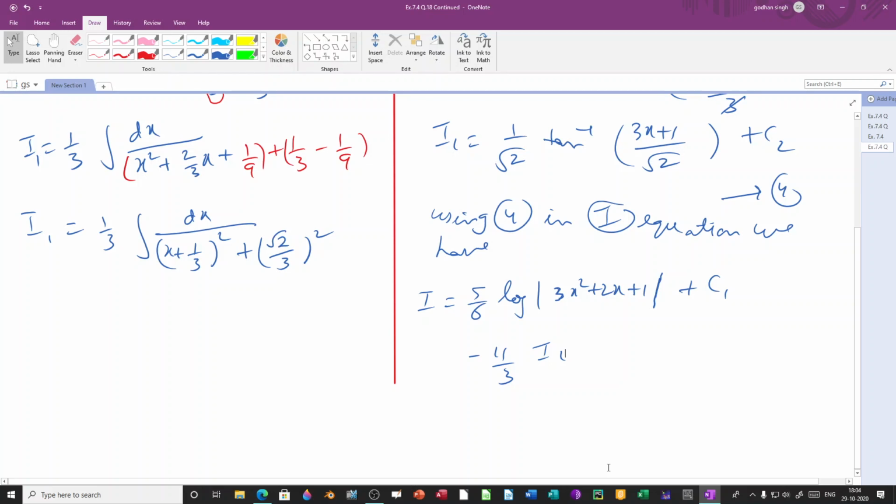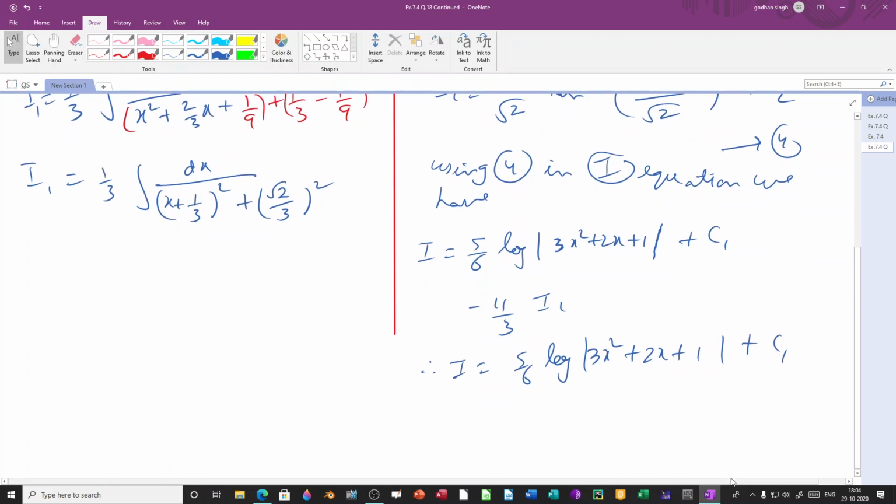Therefore I equal to 5 by 6 log mod of 3x square plus 2x plus 1 plus c1, and minus 11 by 3, putting the value of I1.